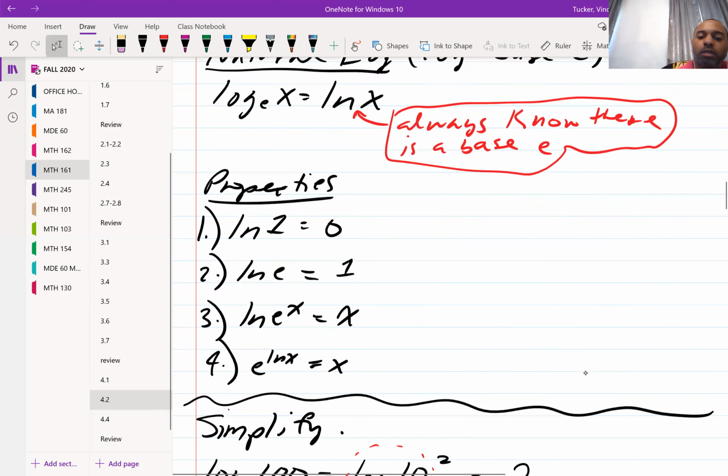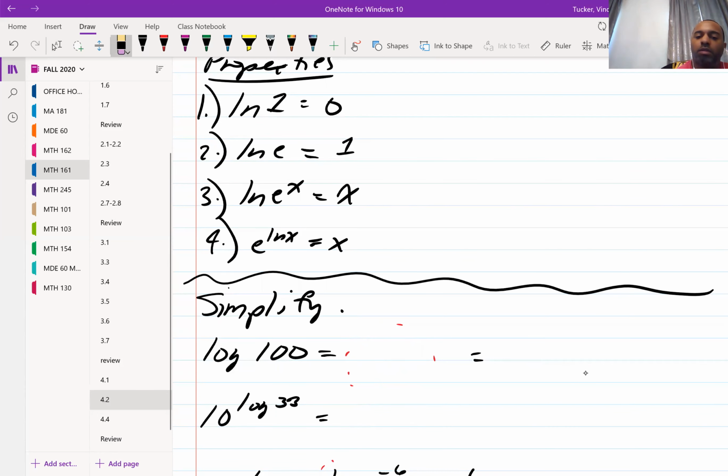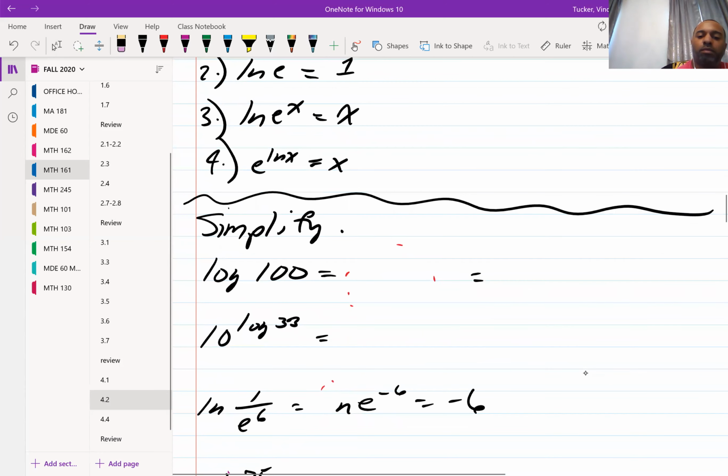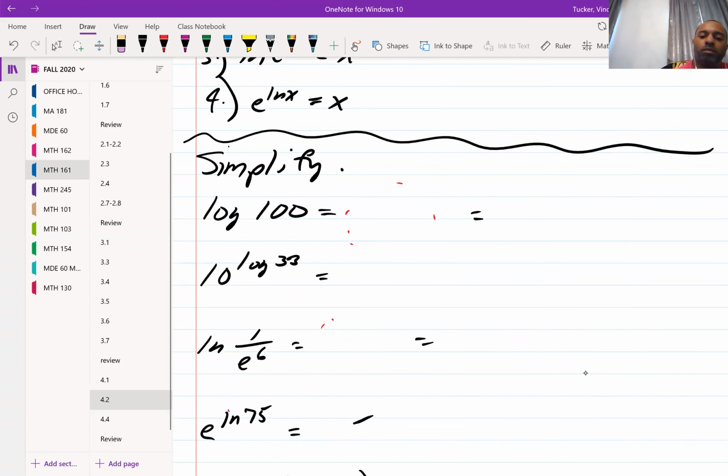All right. So we have a few that we want to simplify using the fact that we have common logs and natural logs. Let me erase some stuff so we can walk through it. We have log 100.